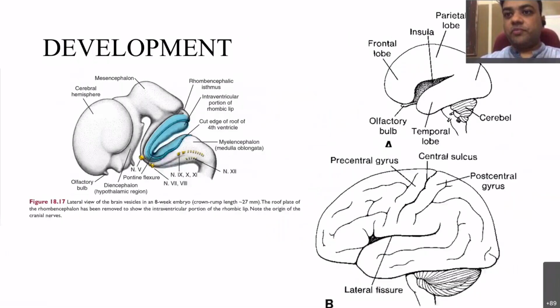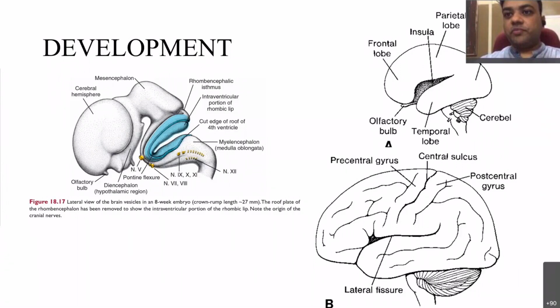Got it? So these are the diagrams of the development. It comes under the development part: how the sulci are formed, how the three parts, that is the prosencephalon, mesencephalon, and rhombencephalon, are developing, and how the cerebral hemisphere, the lateral extension from the diencephalon, is curving upward, backward, and again inferiorly to form the frontal, parietal, occipital, and temporal lobes.